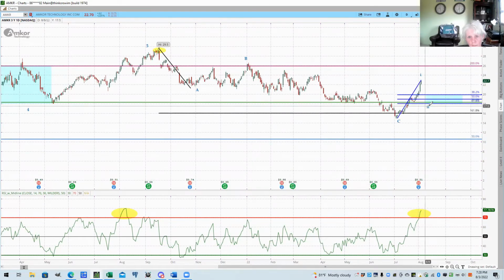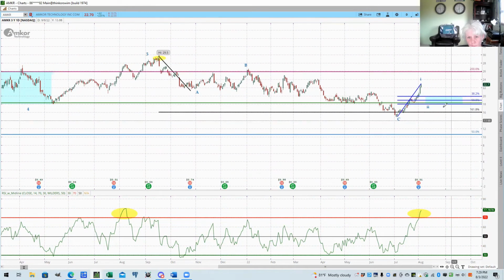It does not mean that we're going to break the pattern. It just means that there's possibly a pullback here, and then it will continue up, which is very normal.